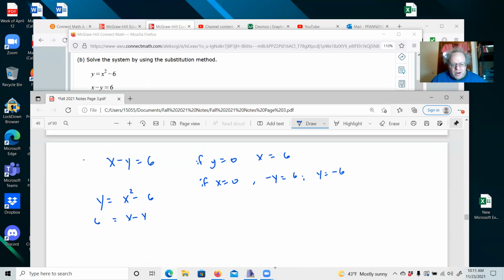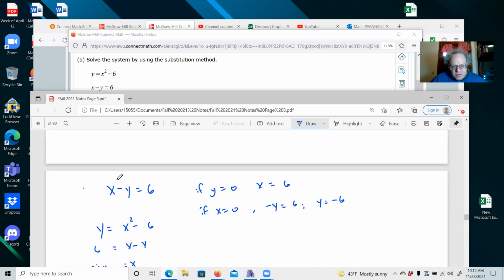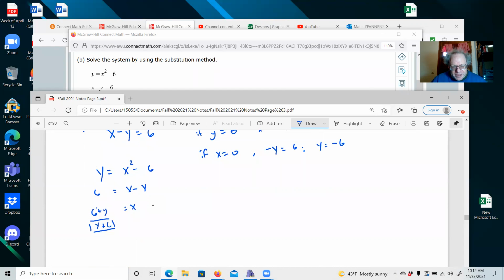So let's see here. Why don't we say x is equal to y plus 6? No, I don't want to do that. I want to say y equals. I want to substitute out for that. I want to say that 6 equals x minus y, add y to both sides, and then we'll subtract 6 from both sides.